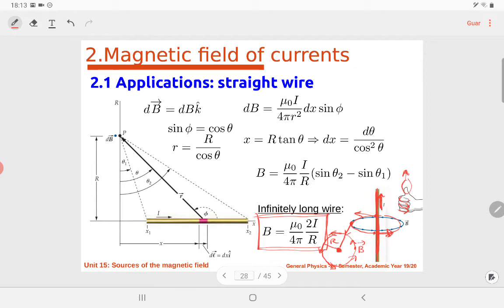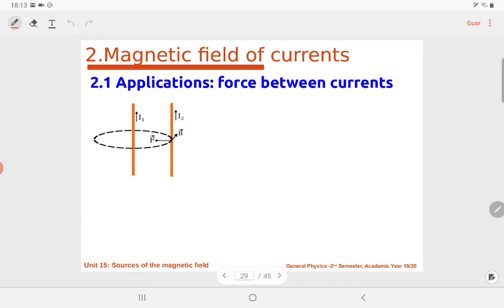There's just one last thing I wanted to talk about, and it's the force between currents. Here in unit 15 we've seen that a current, or an infinitely long wire, or even one that is not infinite, will generate a magnetic field around it.